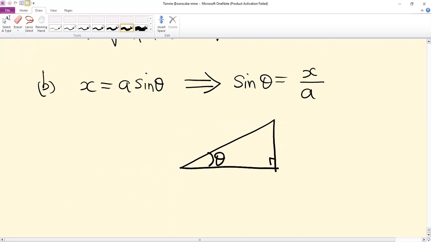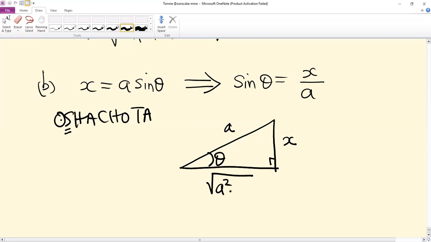Put theta here. From SOH CAH TOA, sine is opposite over hypotenuse. So opposite over hypotenuse, and this side will be the square root of a squared minus x squared.